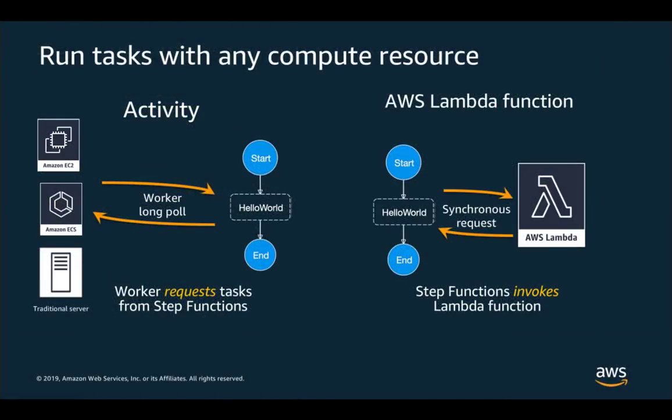So when it comes to performing tasks, to actually getting work done, there are two options in Step Functions. The first one is the one on the left. It's called the activity, where once a workflow is running, you can actually have external compute resources that poll the state machine, saying, is there any work for me, right?